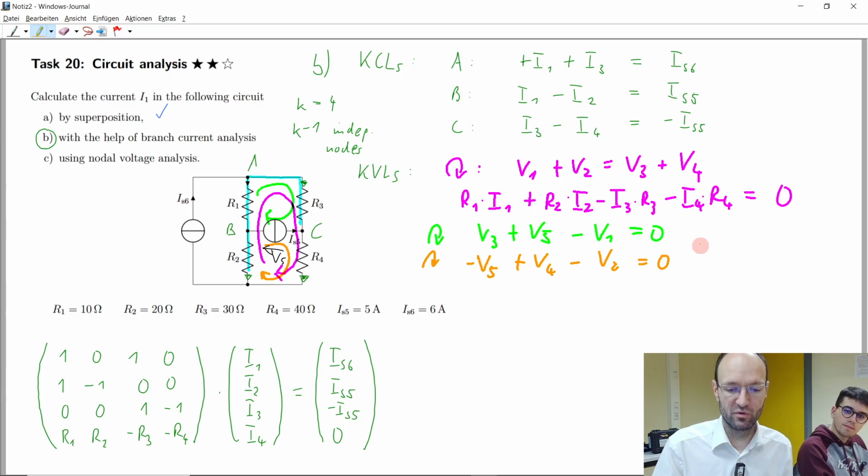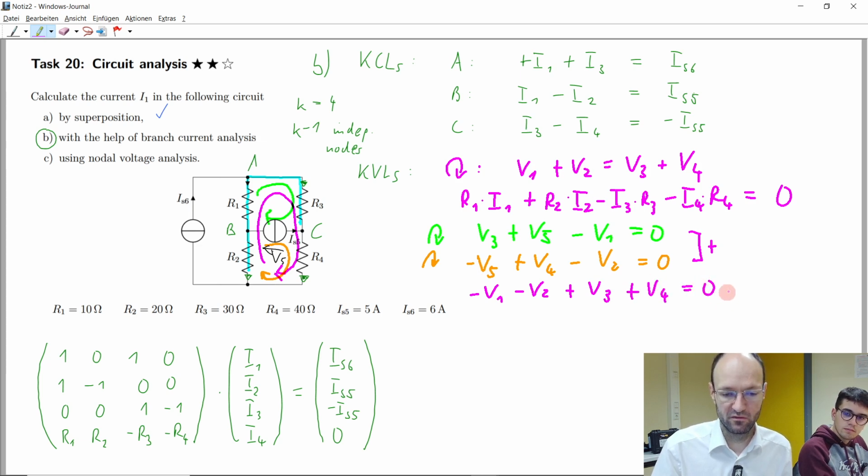And so now if we take the sum of the two, plus V5 minus V5 is 0, then we have minus V1 minus V2 plus V3 plus V4. So I could write it down like this. And this is the very same that we had before, if I bring this to the other side.